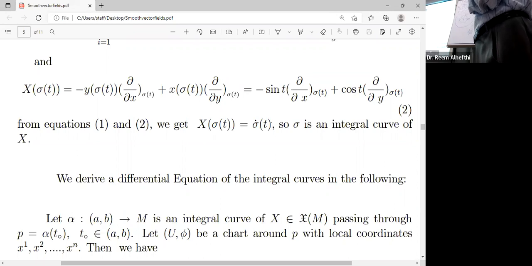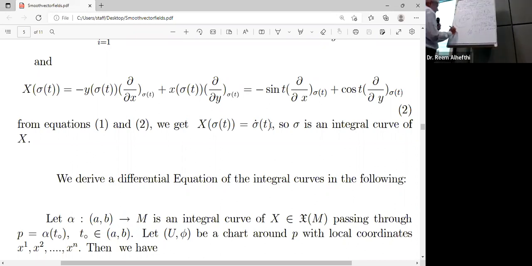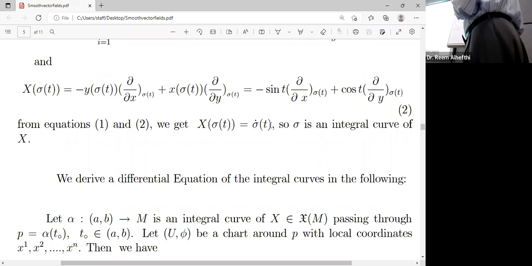And f_i is nothing but this. And this is subject to the condition that x_i at t naught is equal to x_i of p.